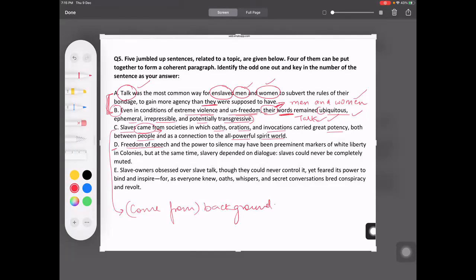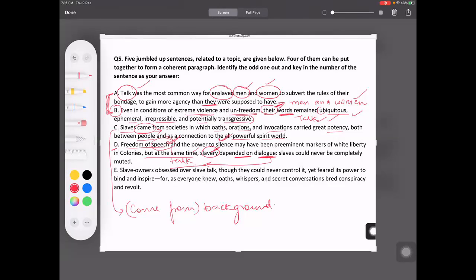Then D was saying the freedom of speech. Again, they're talking about something related to talk. And the power of silence may have been preeminent markers of white liberty in colonies, but at the same time, slavery was dependent on dialogues, again related to talk.